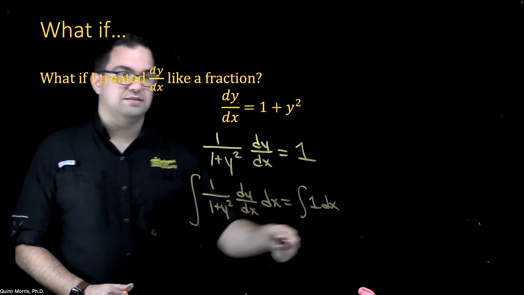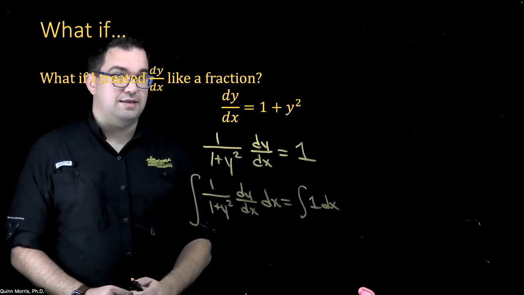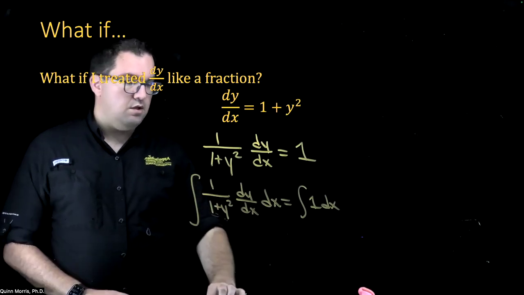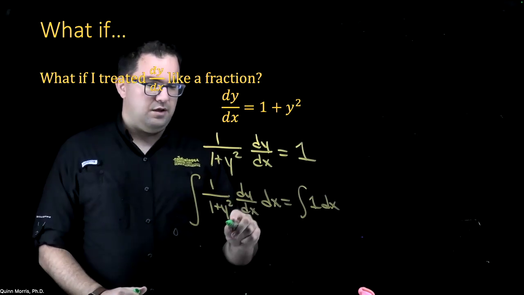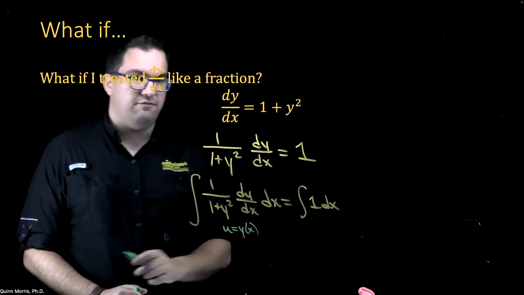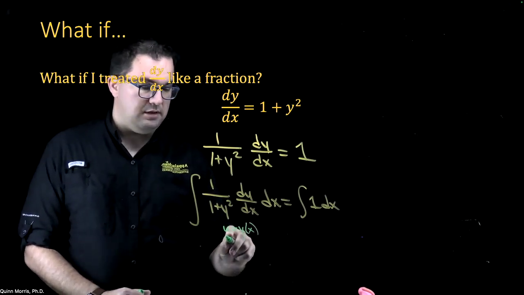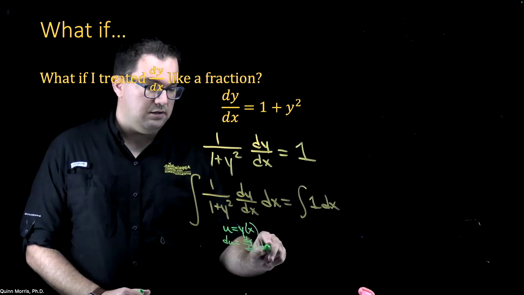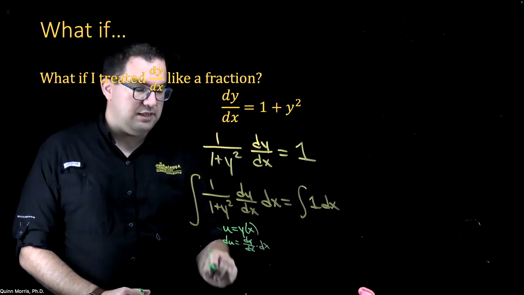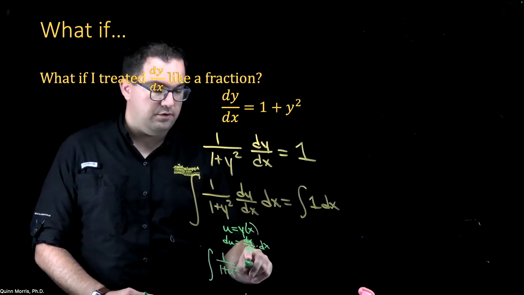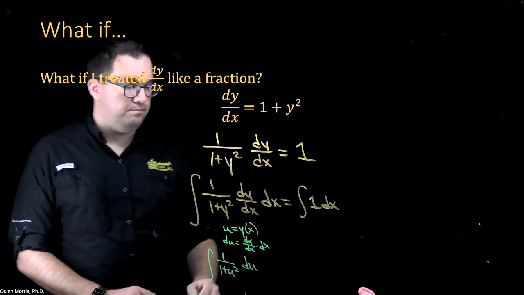So notice that your right-hand side is exactly the same as it was when we treated dy dx as a fraction. It's now this piece that's a little bit different, okay? But now if you think about doing a u substitution, so let u be your y, which is really a function of x, then du will be dy dx times dx. And so this integral would become the integral of 1 over 1 plus u squared du.